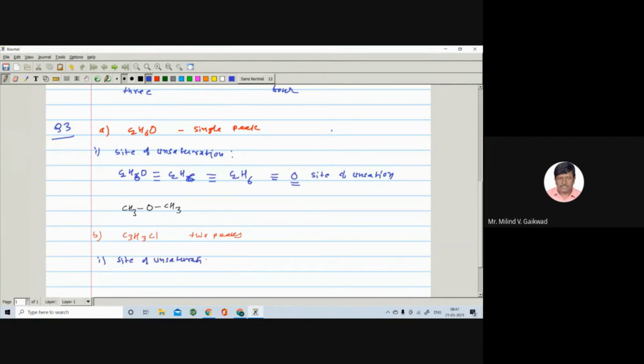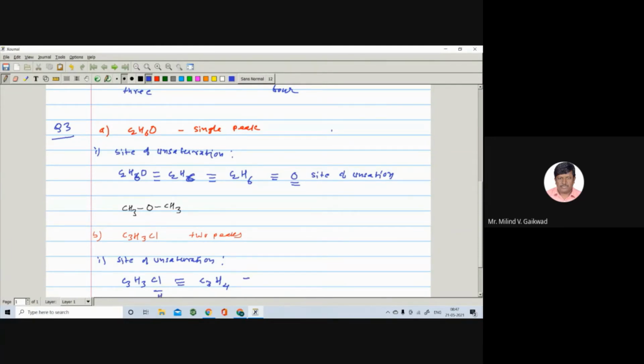So you know from the earlier example that if there is a halogen, then you have to replace it by hydrogen. Okay, C3H3 and Cl corresponds to C3H4. Why? Because we have replaced the halogen by hydrogen. So when you replace by hydrogen, then it becomes C3H4.